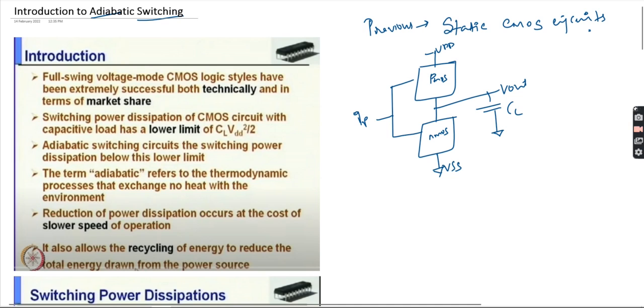So as we know, the output makes a transition from 0 to VDD with the load capacitance CL. We already found the energy: CL into VDD square is the energy drawn from the power supply.